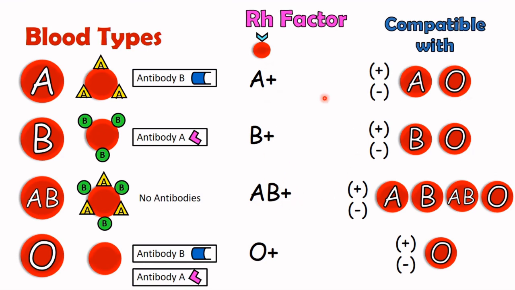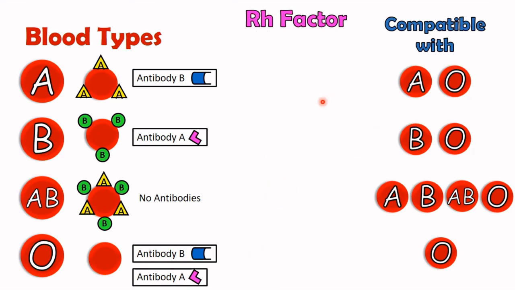But if we have blood which doesn't have the RH factor, it means all our blood will have negative signs. For example, blood type A, if there is no presence of the RH factor, means the A blood type will become A negative. So what is it compatible with?